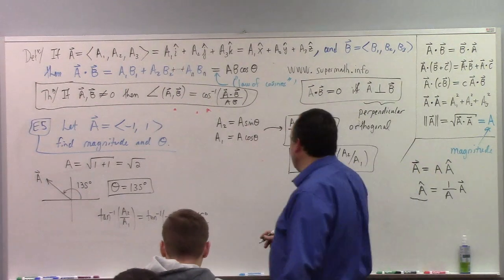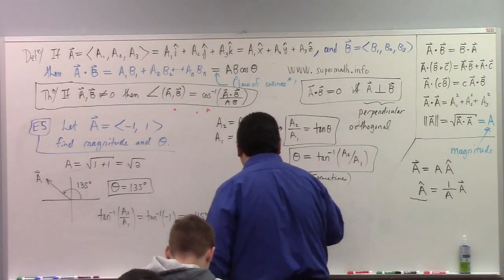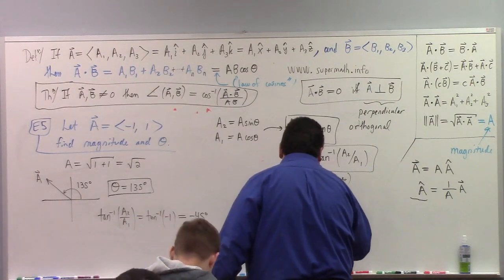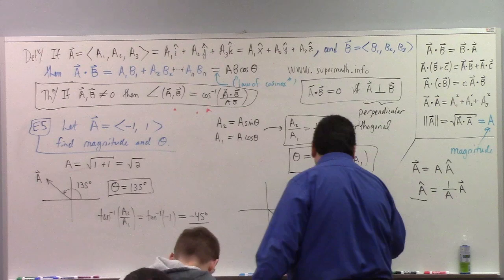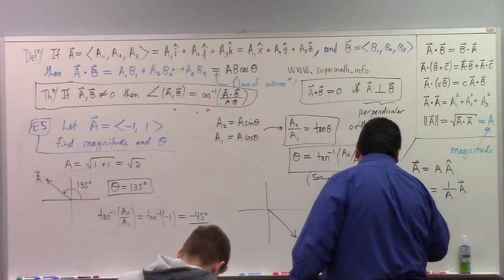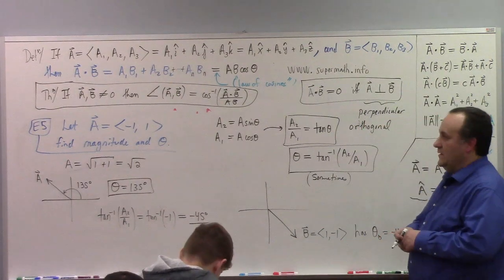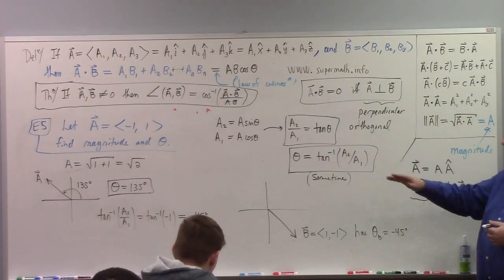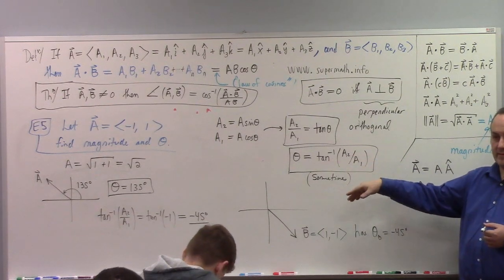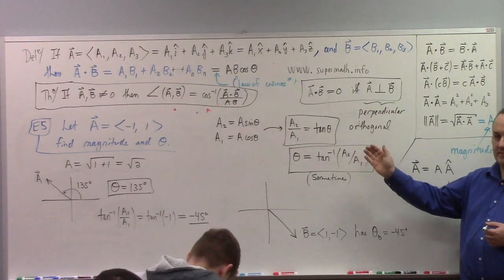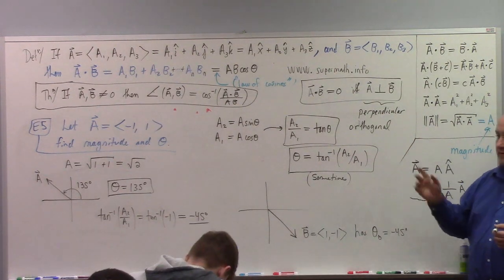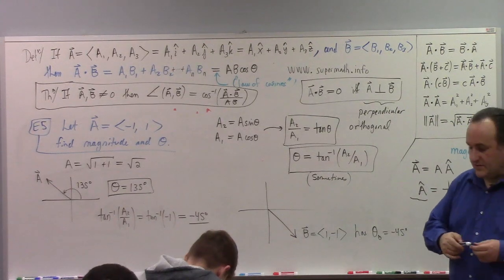What's going on here is that we're finding the angle of this vector down here, like B equals 1, minus 1, which has theta sub B equal to minus 45 degrees. So as a reminder, you can only use inverse tangent directly if your vector lies in quadrant 1 or 4. If the x component of the vector is negative or 0, you have to think it through. So draw a picture to keep yourself out of trouble.